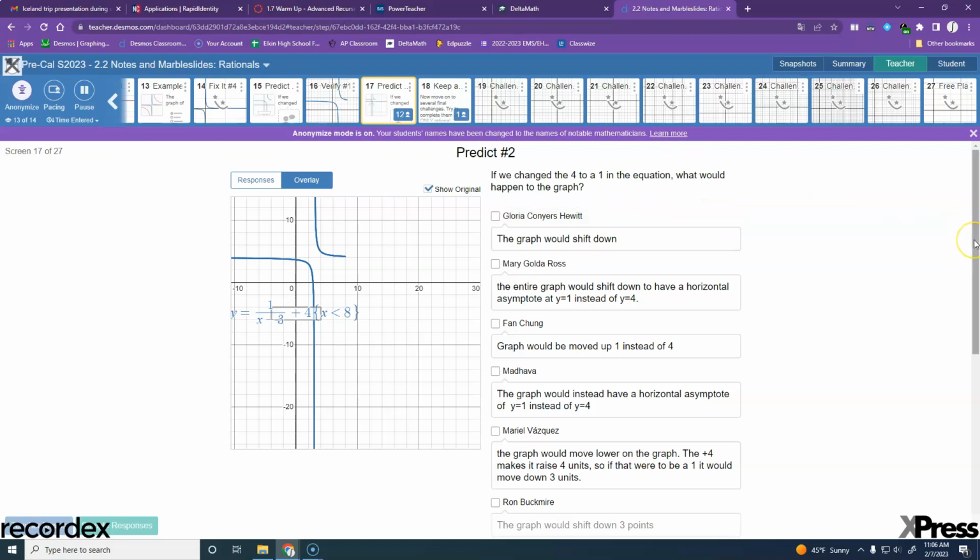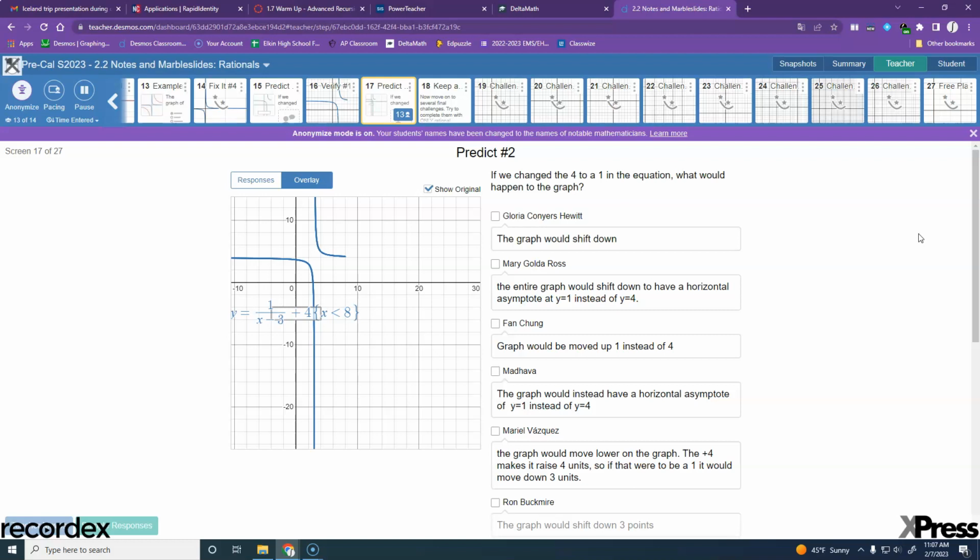So Gloria is not being very specific, but what she has said is true, right? Now, if this was a multiple choice question, it would probably be more specific than that. All right, Mary said the entire graph would shift down to have a horizontal asymptote at y equals 1 instead of y equals 4. You guys agree with that? Okay, the horizontal asymptote was at 4. Now it's at y equals 1.